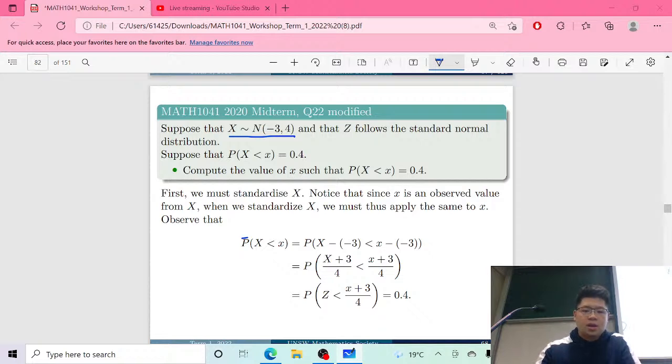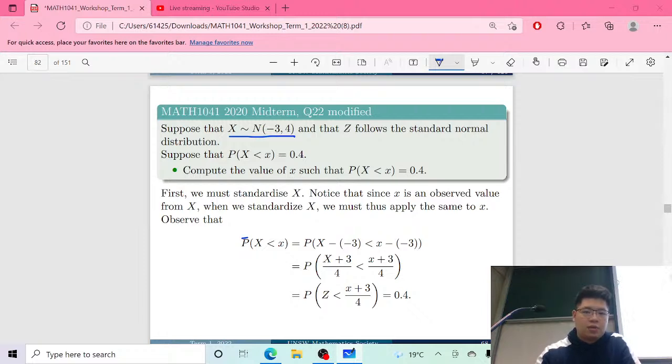Okay? Now, one thing to note is that if you standardize the random variable, you have to standardize the observed value as well, which is why whatever happens to your Z here, your X, has to happen to the small x as well. Yeah? And you would get 0.4 here. And then remember what our function Q norm, this is where it comes in handy, because our Q norm exactly helps us to find this.